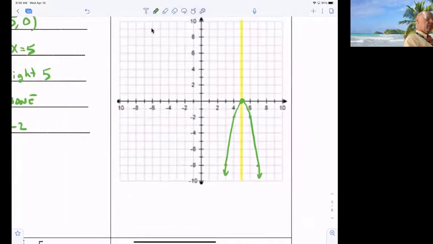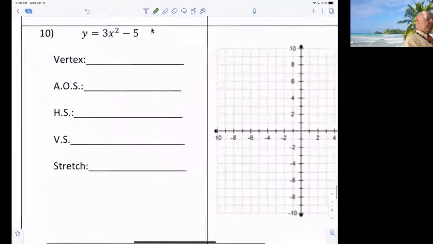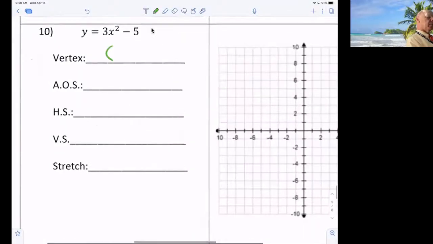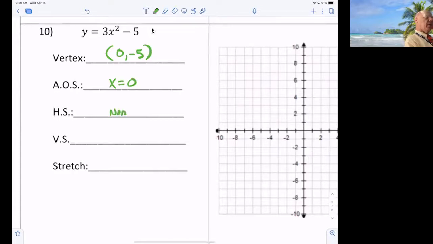All right, here we go. Vertex. Come on, be brave. Vertex. Very good. 0, -5. Is there anything inside the parentheses? No. So that's why it is what? 0. Axis of symmetry: x equals 0. Horizontal shift: there is none.